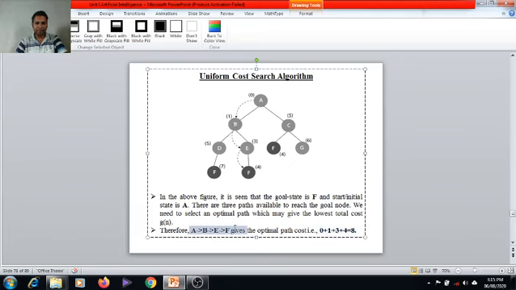Similarly, if the goal node can also be reached through this path, and you calculate its path cost, you get 0 plus 5 is 5, 5 plus 4 is 9. So it is again greater than 8. That's why the path found by uniform cost search is optimal as compared to the remaining 2 paths. So this is the idea behind uniform cost search.